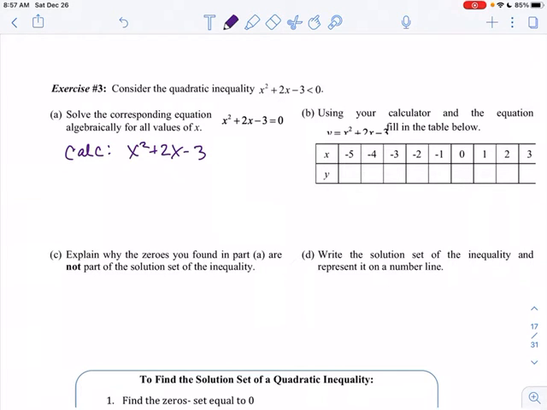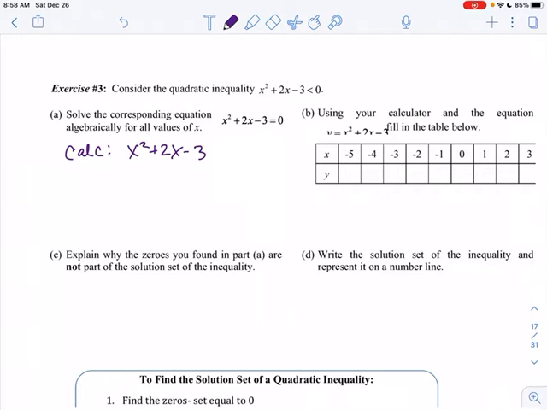And I want you to fill in the table right there. Then I'll copy down my table. Oops, I'll do it again. x squared plus 2x minus 3.